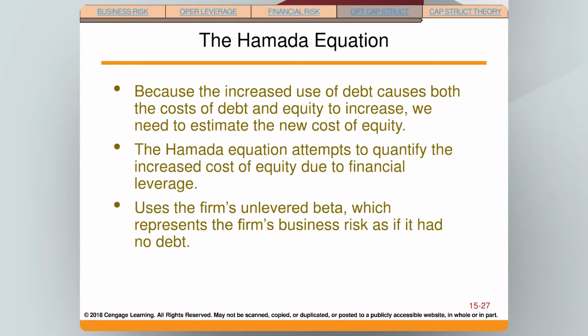Okay? Because the increased use of debt, alright, causes both the cost of debt and equity to increase. Okay? We need to estimate the new cost of debt. So, the Hamada equation attempts to quantify the increase of equity due to financial leverage. Alright. It uses the firm's leverage, beta, which represents the firm's business risk as if it had no debt. So, yan yung ibig sabihin ng ating tinatawag na Hamada equations.